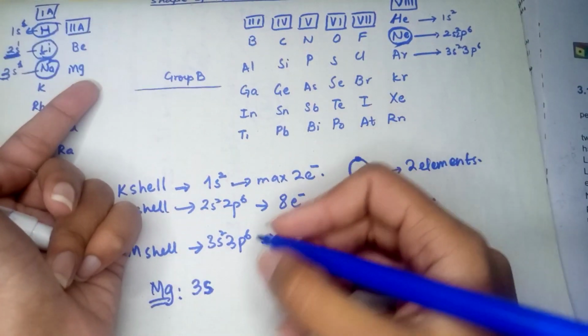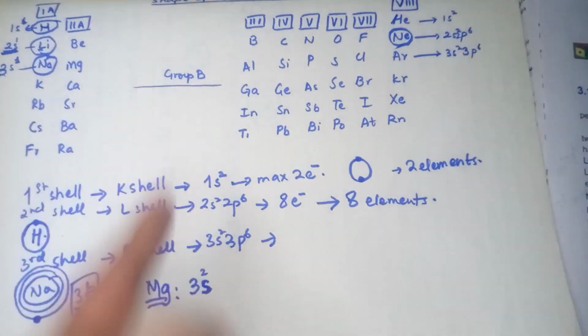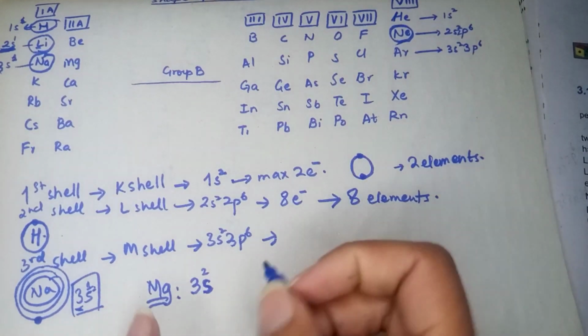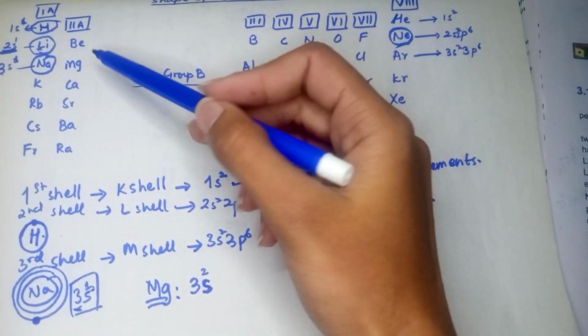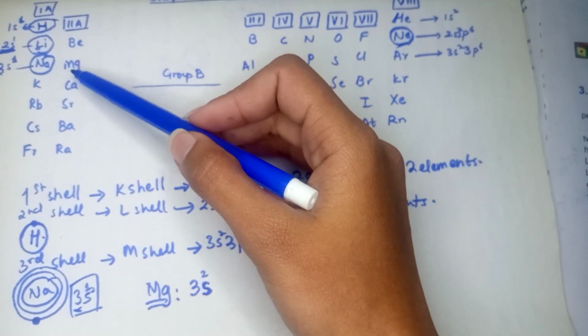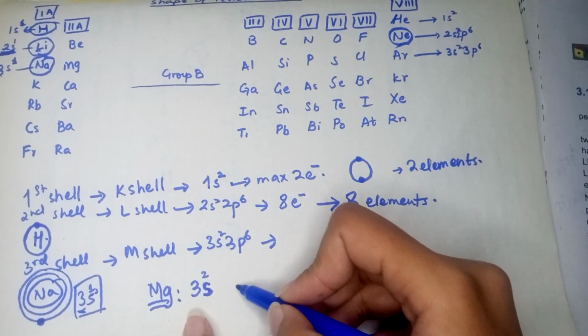So we would write 2, because it belongs to the second group. So this is the electronic configuration of magnesium, and beryllium would have the electronic configuration 2s2. That is why we place magnesium below beryllium. I hope it is clear to you.